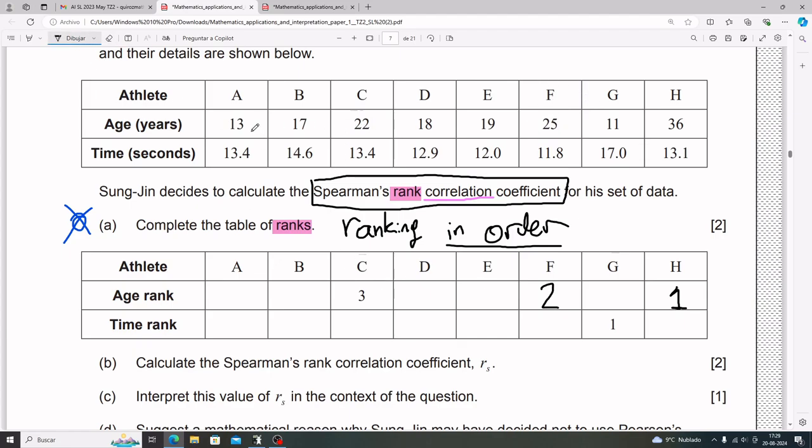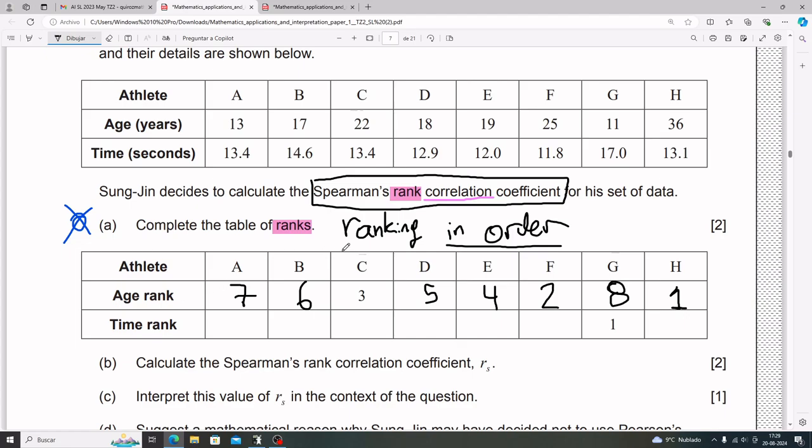Just to go quickly, the next highest after 22 will be 19. Then it looks like it's going to be 18, then 17, then probably the 13, and the 11, the 8. We make sure we filled in each square. All good over here. So that is for age.